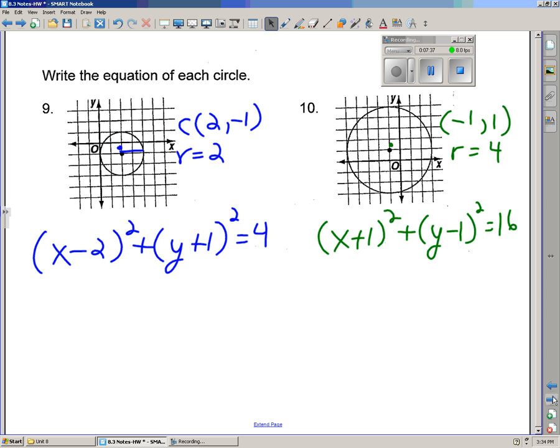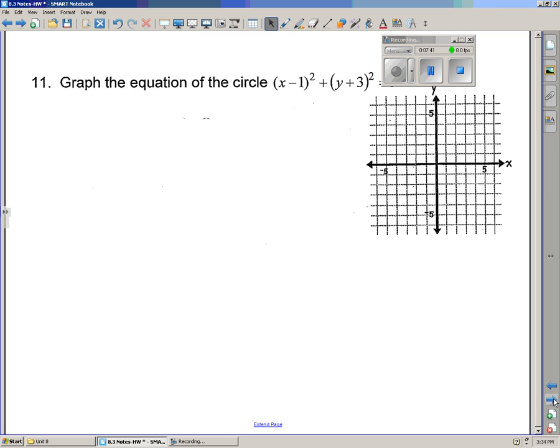You should then be able to be given an equation of a circle and graph it. Here's the locus part. So this one happens to be x minus 1 squared plus y plus 3 squared equals 9, which means my center is h, k, 1, negative 3, opposite signs.